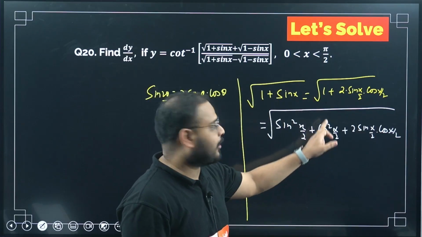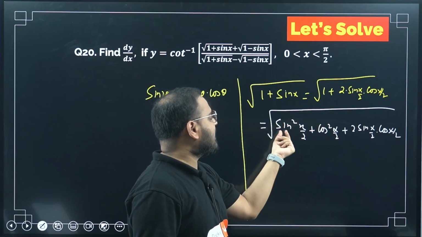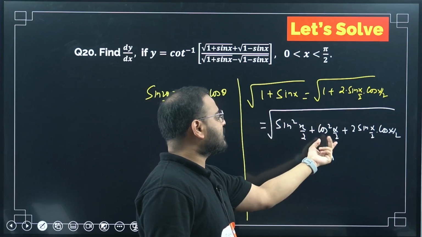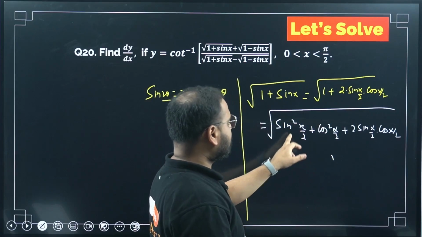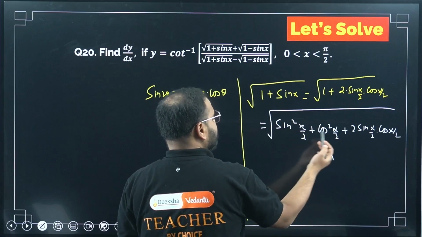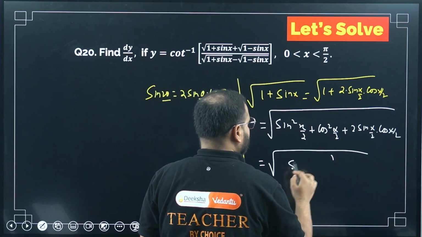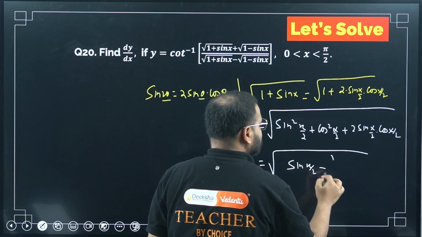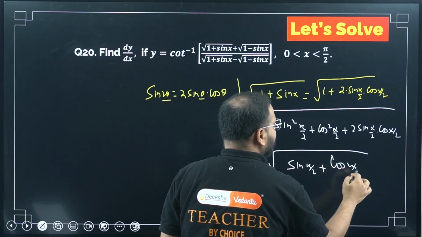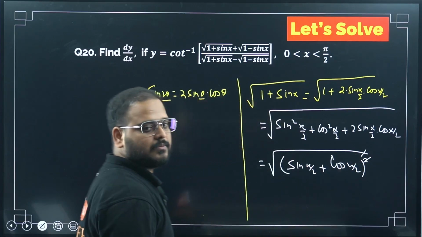I am writing the identity now. 1 is sin square plus cos square, so 1 can be written as sin square x by 2 plus cos square x by 2. Now check here: a square plus b square plus 2ab. This will become root of sin x by 2 plus cos x by 2 the whole square.